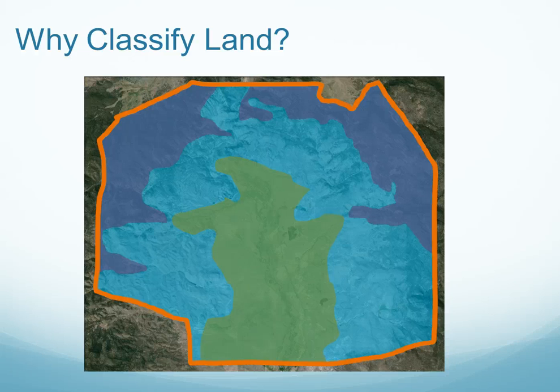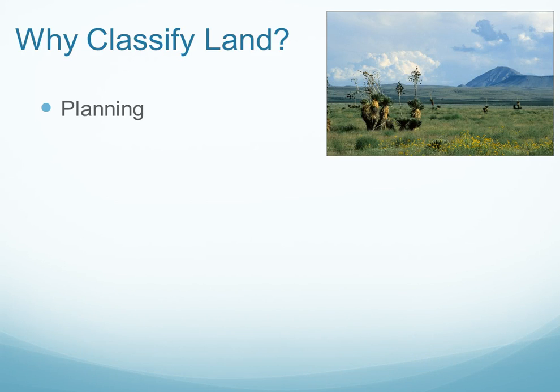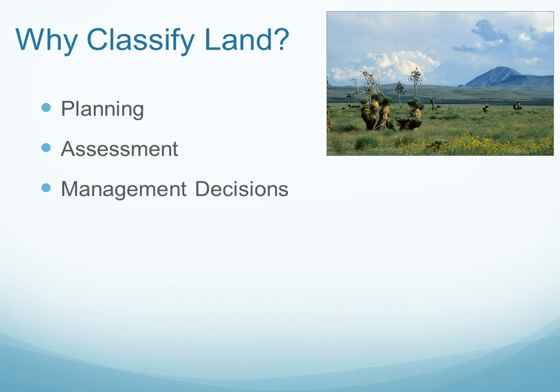We classify land so that we can organize information that we have in order to make decisions, in order to plan, to assess the condition or status of the land, and to make management decisions based on the condition of the land as well as our management objectives.